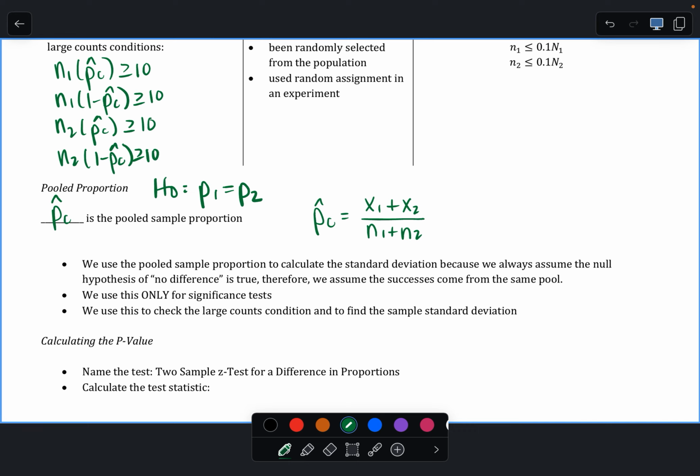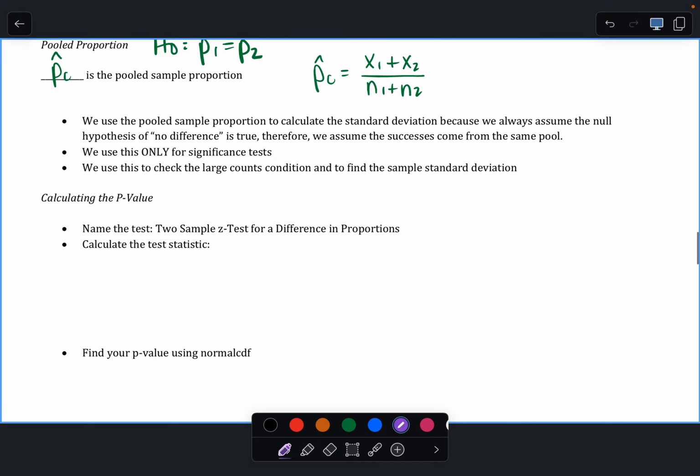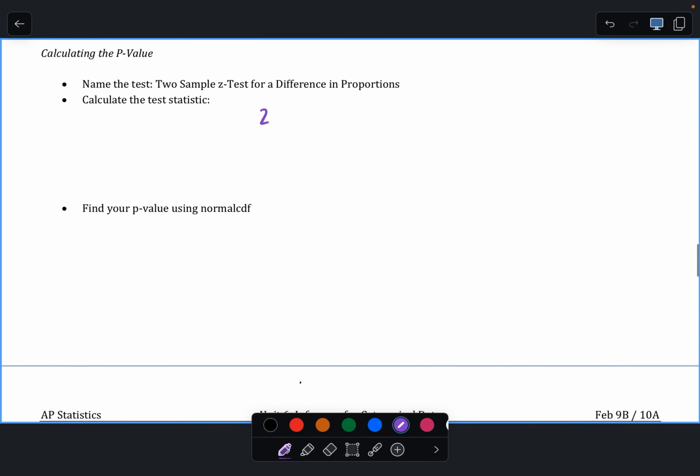Now, for the calculation of the z-score, it's always value minus mean over standard deviation. When I calculate my z-score, I am still working under the assumption that the difference is what I'm trying to find. So I'm going to do P1 hat minus P2 hat. Technically, you are subtracting 0, which is your P naught.